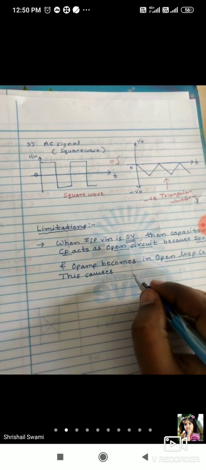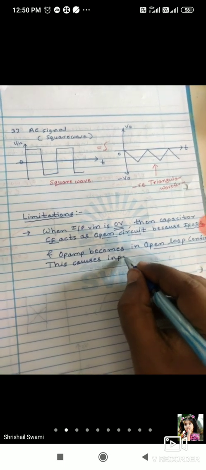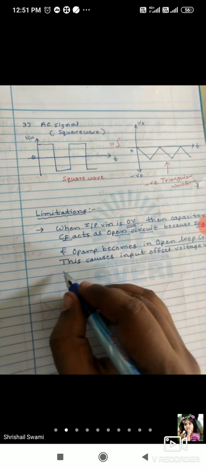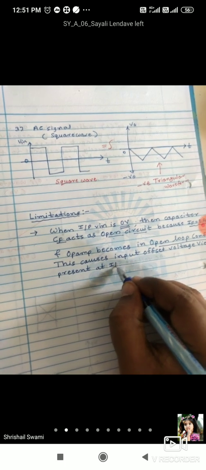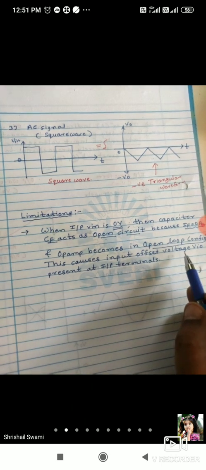Therefore this causes the input offset voltage VIO present at input terminals. म्हणजे open loop configuration झाल्यामुळं and Vin is 0 volt, even though due to the noise or some disturbances, it will create the input offset voltage VIO.